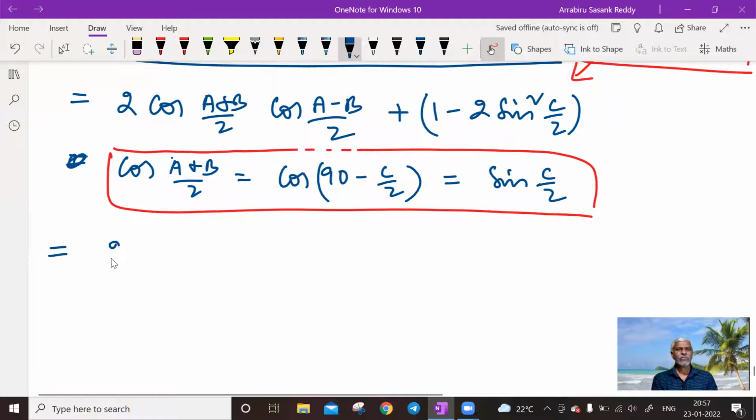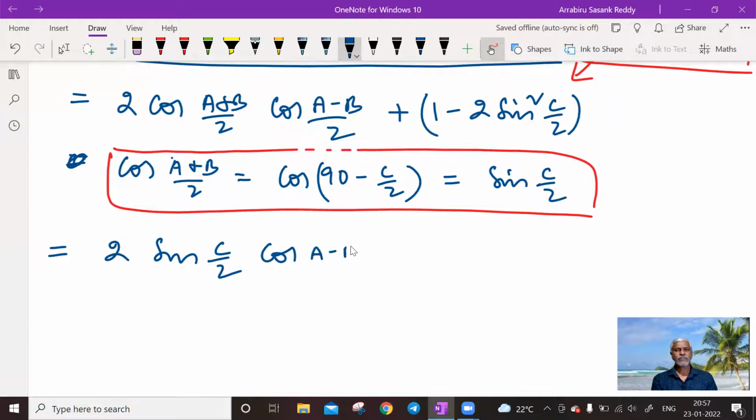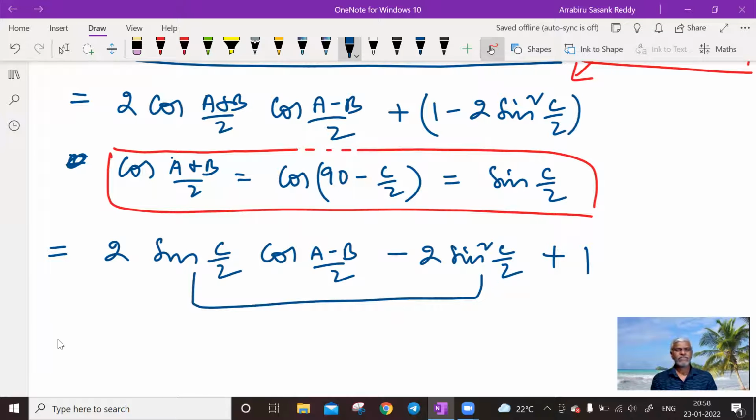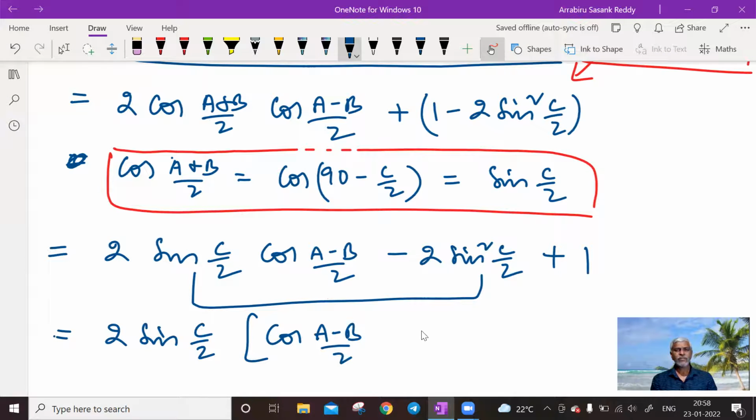Therefore 2 cos a plus b by 2 is 2 sin c by 2, remaining as it is, no change, minus 2 sin square c by 2, and 1 I am writing last. So take 2 sin c by 2 common, cos a minus b by 2 will remain, here sin c by 2 will remain, and plus 1.